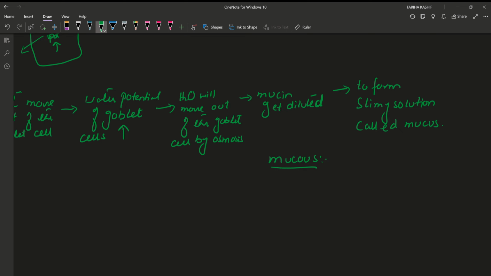So what is the function of this mucus? It traps dust particles, pollen grains, bacteria, viruses, fungal spores, anything which is suspended in air.